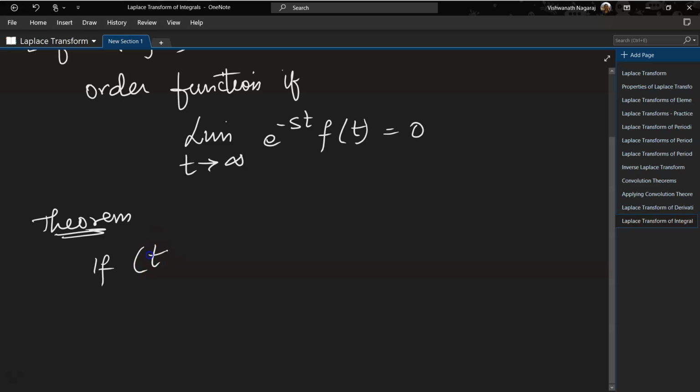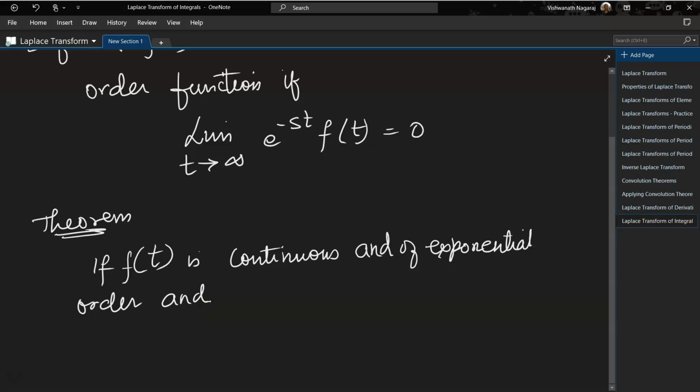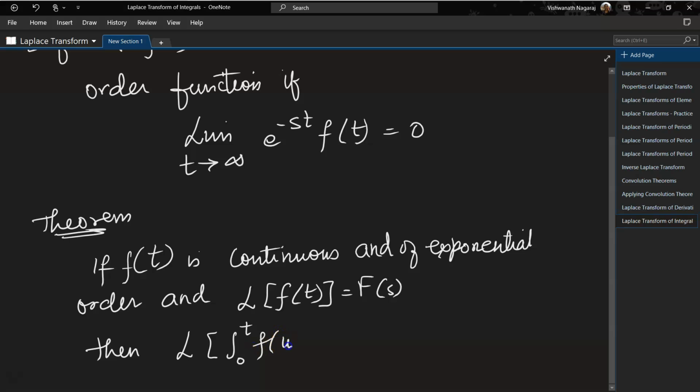If f of t is continuous and of exponential order and the Laplace transform of this function is capital F of s, then the Laplace transform of the integral 0 to t of f of u du is equal to 1 by s times F of s, for s greater than 0.